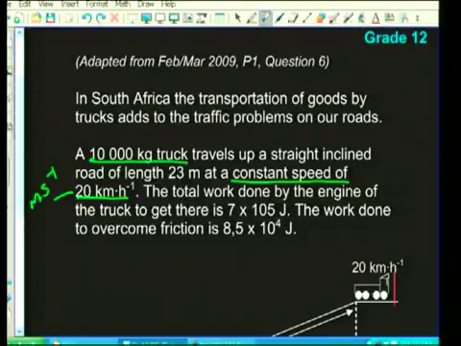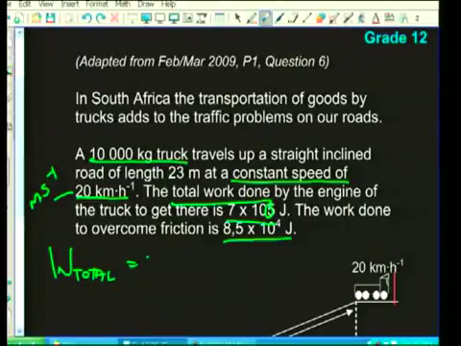The total work done by the engine to get the truck to the top is 7 times 10 to the 5 joules. The work done to overcome friction is 8.5 times 10 to the 4. So total work done, that's the engine's, not net, okay, is 7 times 10 to the 5.